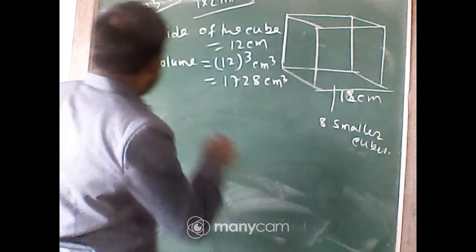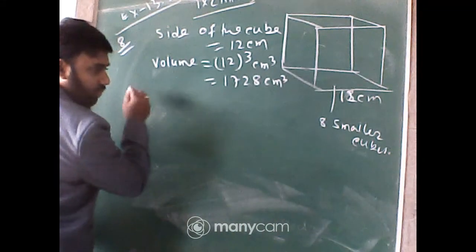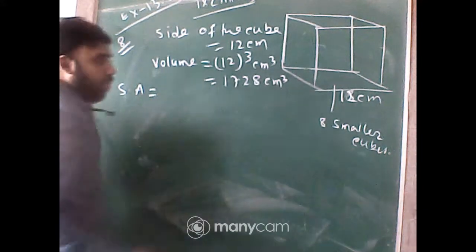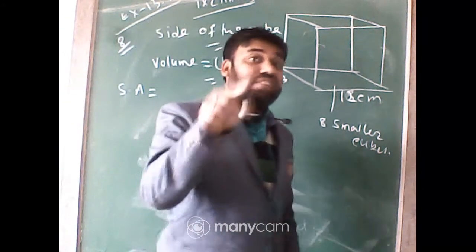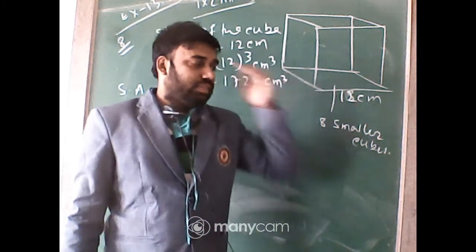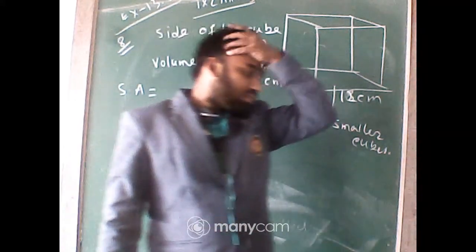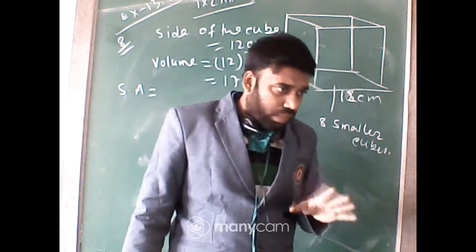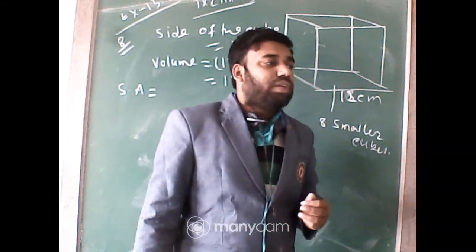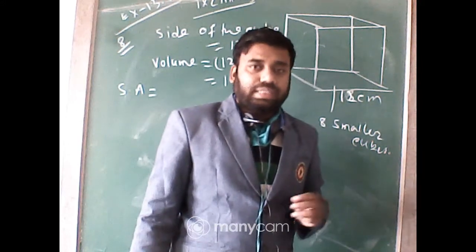Now what is the surface area? First of all, tell me in the chat box quickly, the formula for surface area. 6 side square, or 6a square. Some of you have written side cube.